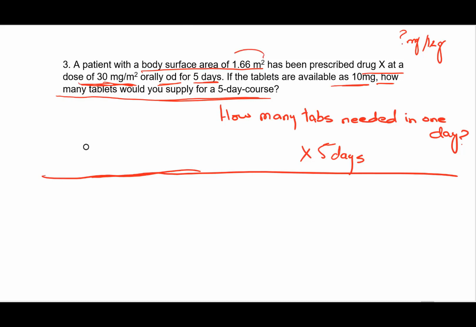The body surface area of the patient is given, so we just have to multiply it. That's 30 milligrams per meter square, so 30 times 1.66. That's the dose I'm calculating. So the dose turns out to be 49.8 milligrams.